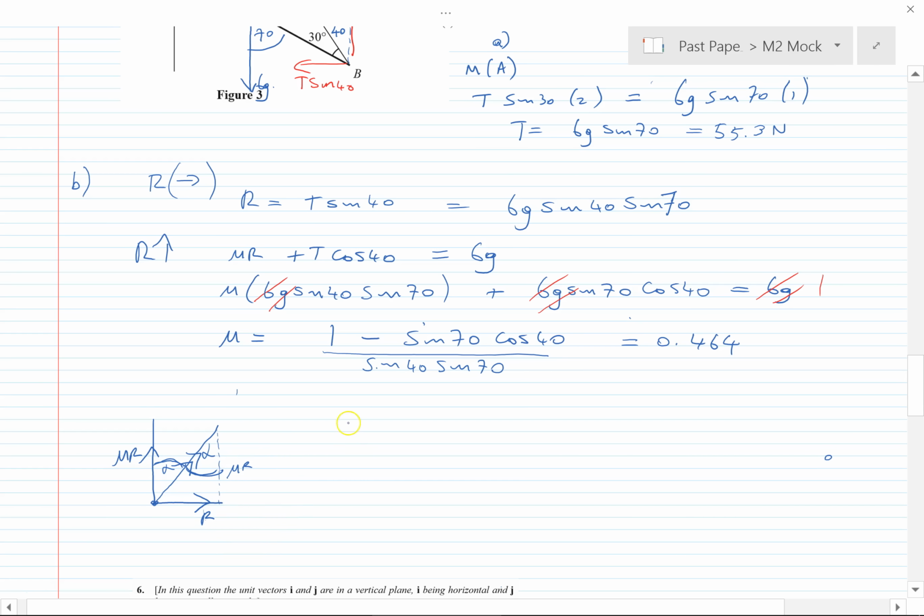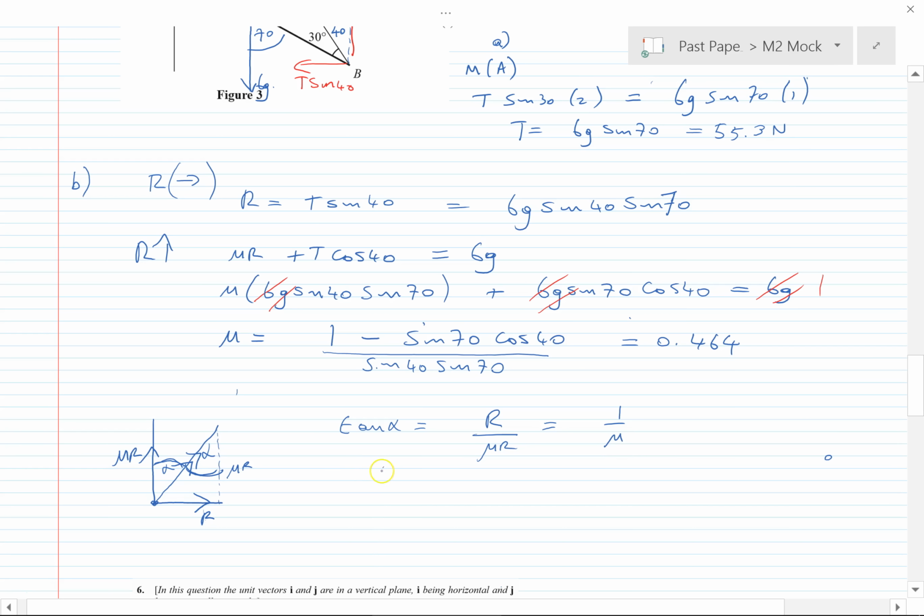So we can say, using SOHCAHTOA, tan alpha is equal to opposite, which is the R, that's that bit, divided by adjacent, which is the mu R, which is that bit. Now mu is equal to that, I've got it stored more precisely in the calculator. That's 1 over mu.